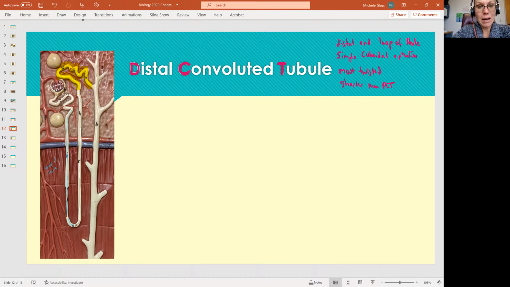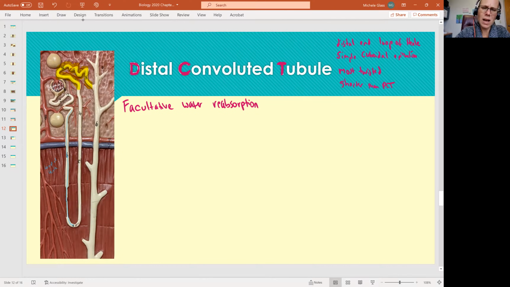Now, what we'll see happening in the distal convoluted tubule is what's described as facultative water reabsorption. And so what that means is, depending on your body conditions, you might have some additional water that's reabsorbed.